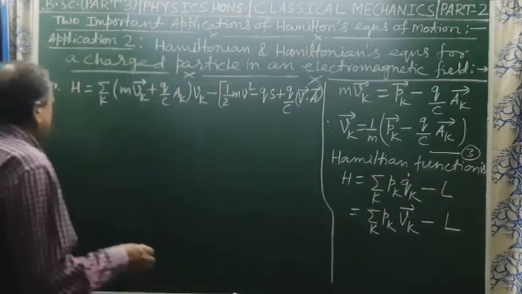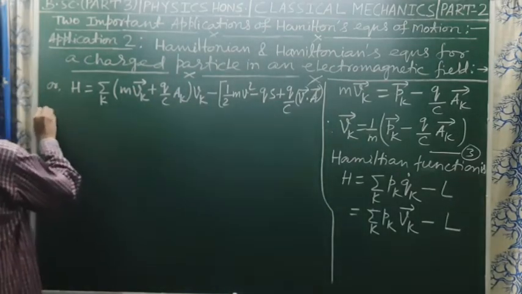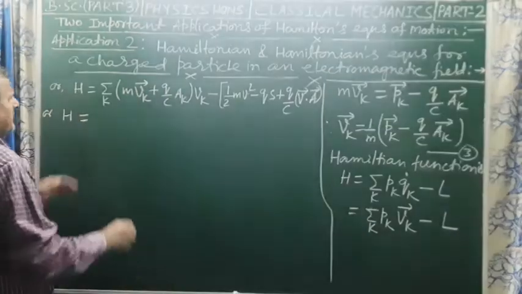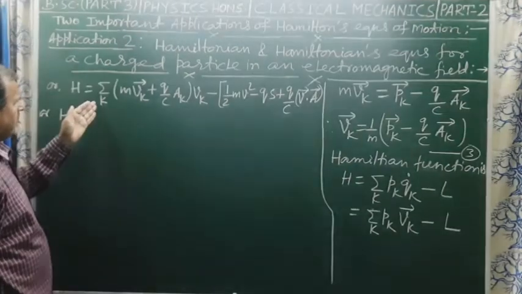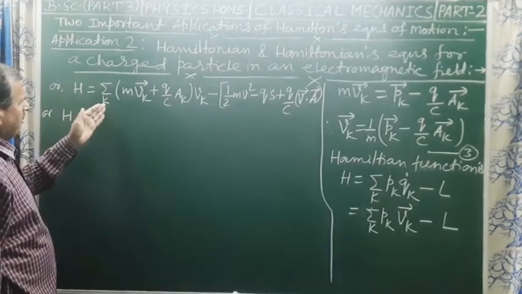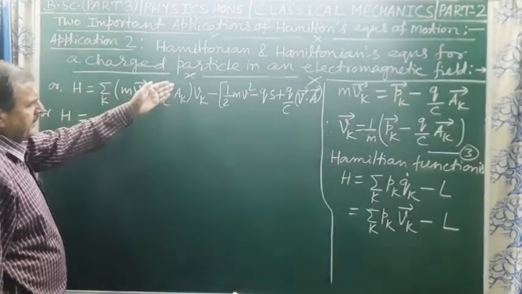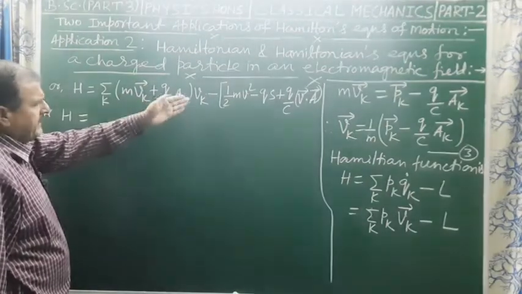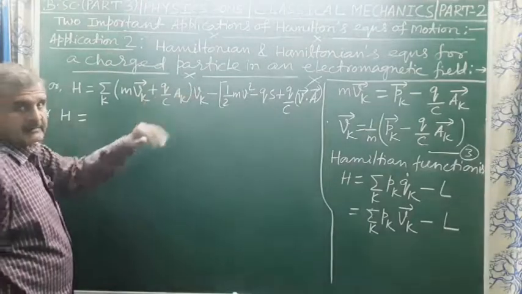It will be better to put it finally, after simplification. And H equals, now using Einstein summation rule, we can write vk for only v, and ak vk, that is ak into vk, that is A vector dot B vector.